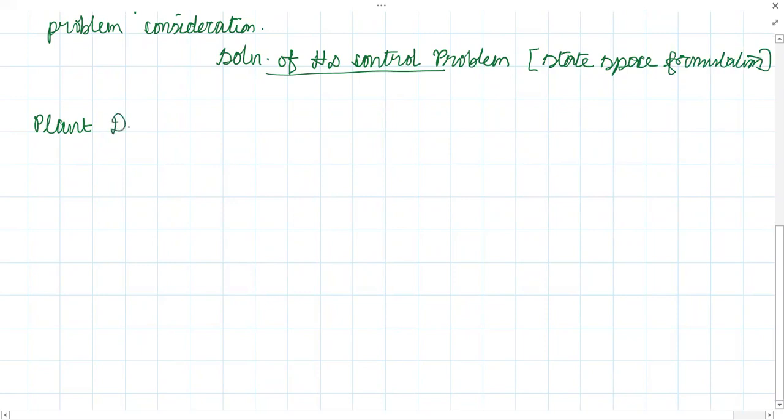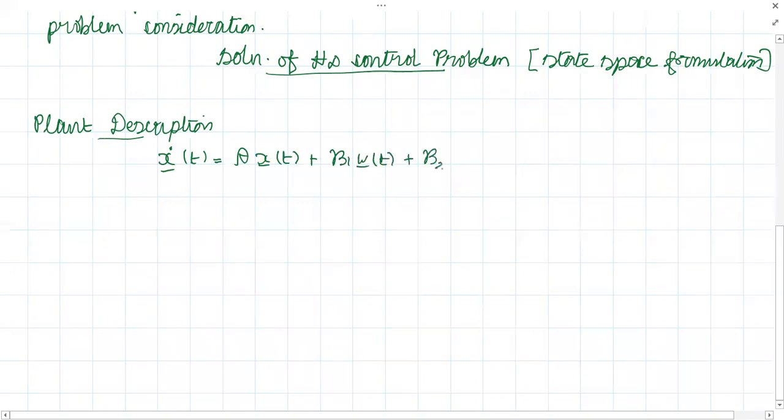So what's the plant description that we considered in state space form? Do you remember? X dot of t was A x of t plus B1 w of t plus B2 u of t.